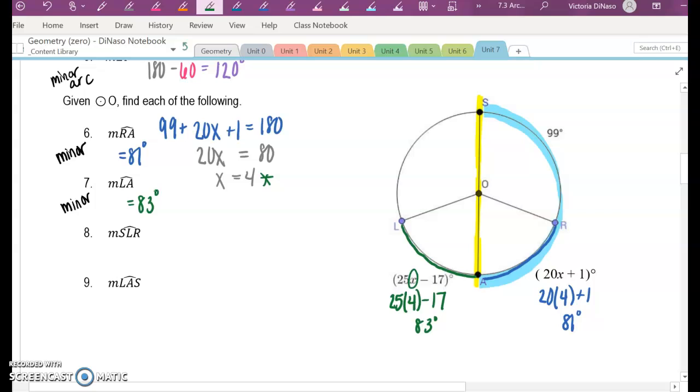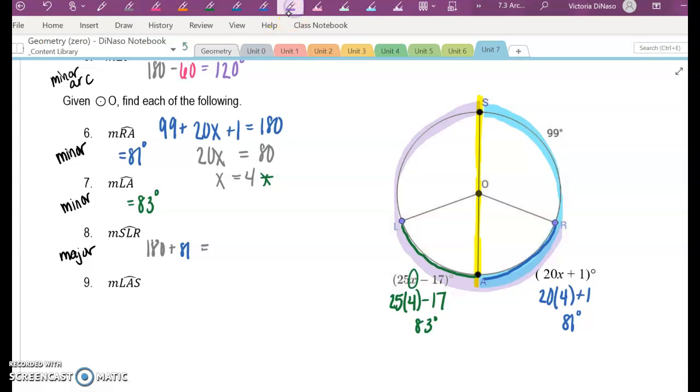The next one says, find the measure of arc SLR. So this is a major arc because it's got 3 letters. So I'm going to go ahead and highlight from S to L, and then I have to keep going all the way over to R. So not only does it include that semicircle on the left-hand side, which is 180, I'm going to add that 81 in blue to get the actual number, which equals 261 degrees.